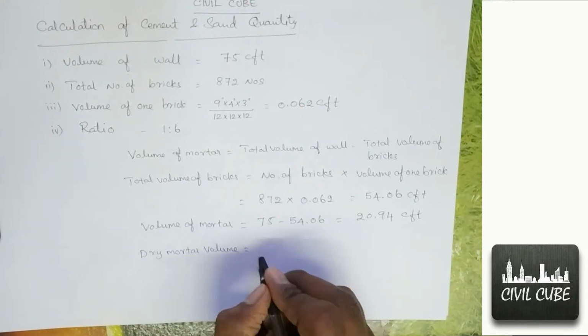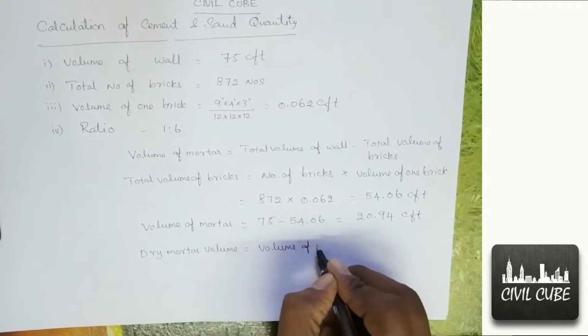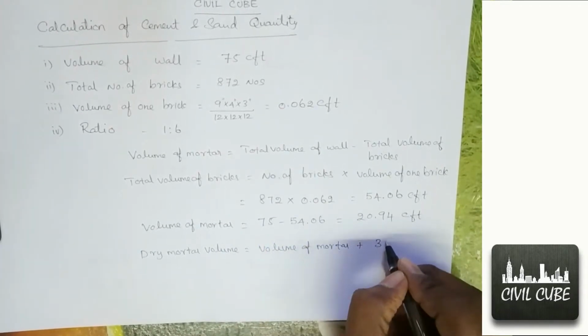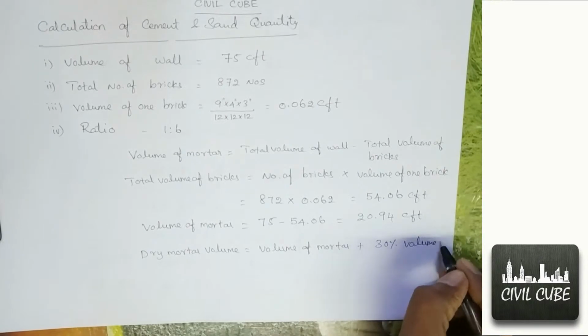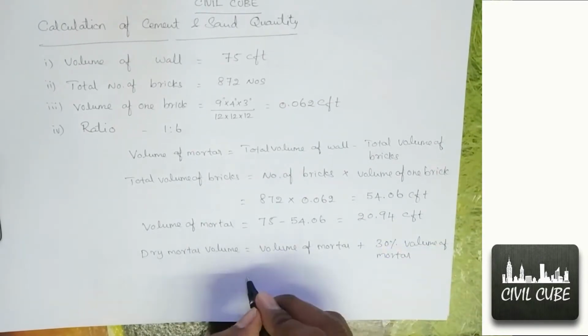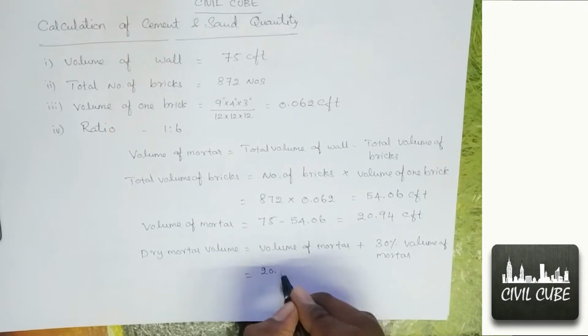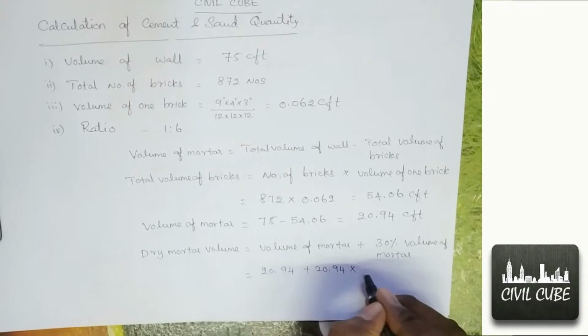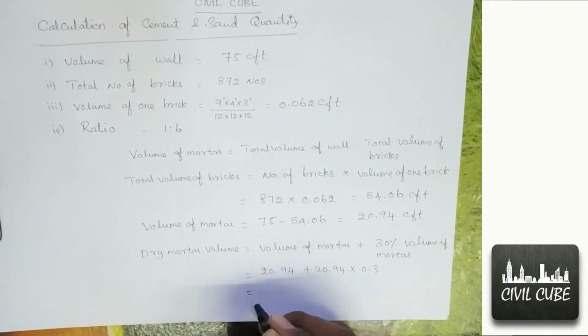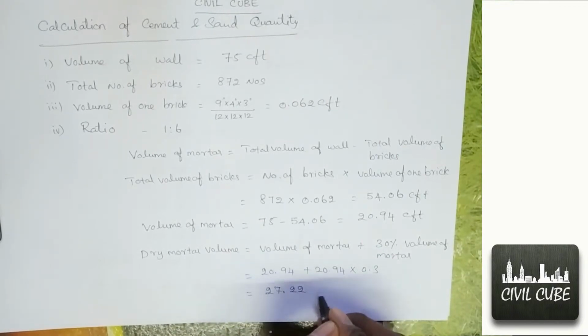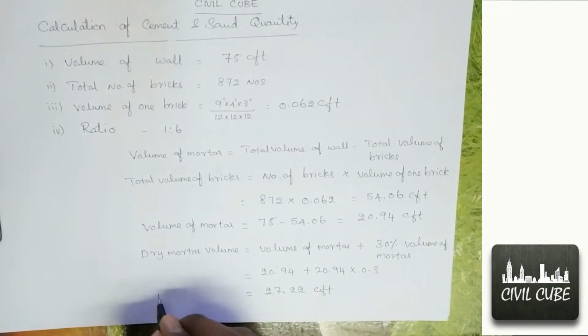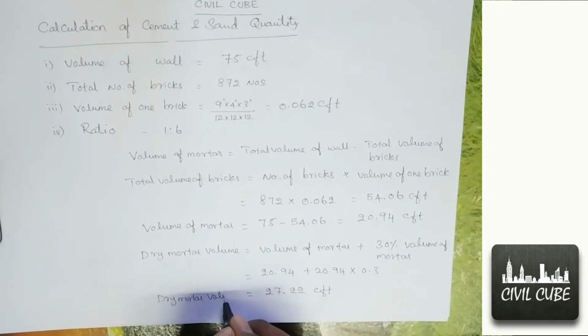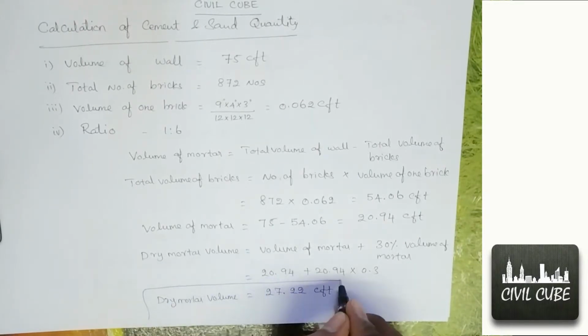So we get dry mortar volume equal to volume of mortar plus 30% of volume of mortar, that's equal to 20.94 plus 20.94 into 0.3. We get a result of 27.22 cubic feet. This is the dry mortar volume required to find out the cement and sand quantity.